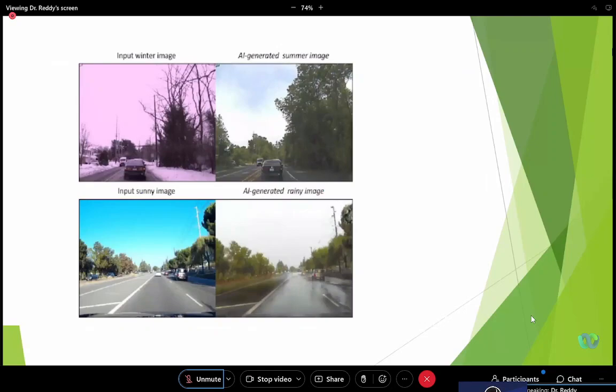Similarly, if you have an image captured in the day, in the summer, of a particular geographical location, and this is the input sunny image, how would the AI-generated rainy image look after 1 year, 2 years, 3 years? This is to see atmospheric changes, weather monitoring, weather forecasting, and pollution changes.